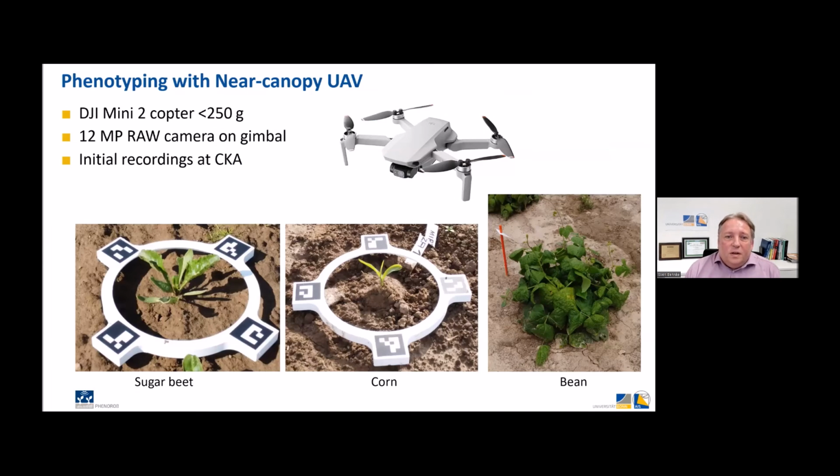In PhenoRob OpenCall 1, we also have a small project that pursues similar goals, but as a sensor platform, we use a small, lightweight commercial drone so that we can capture high resolution images of plants on the field from different viewing directions.